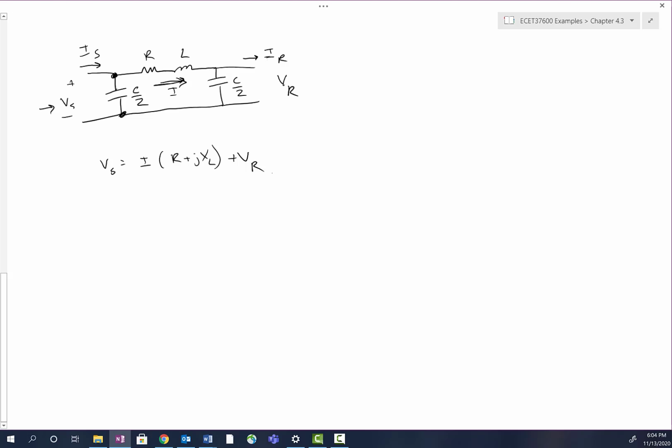There's a complicating factor though, is that we've got a current flow right here, that's the capacitive current at the receiving end, and I is equal to the load current plus the capacitive current at the receiving end. So I have to do that extra step. But that's the general solution method: I'm going to use that model, solve for those values, and then again just use that equation to solve for the sending end voltage.